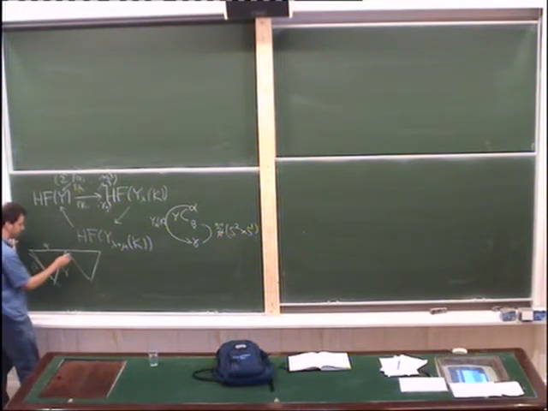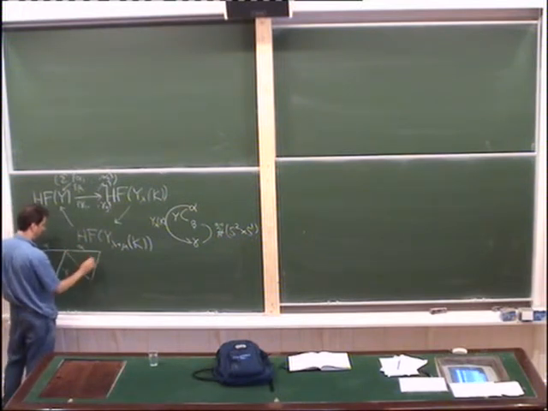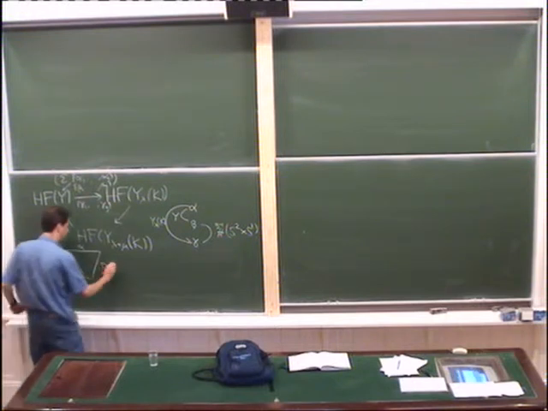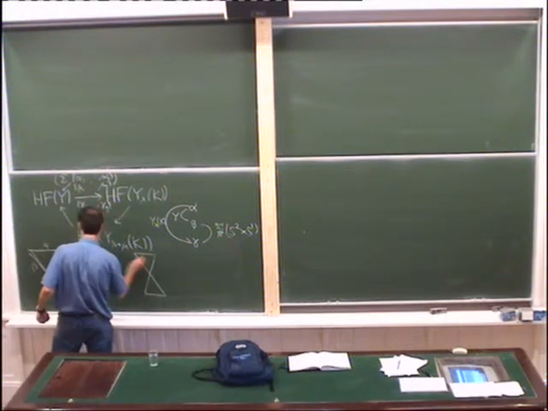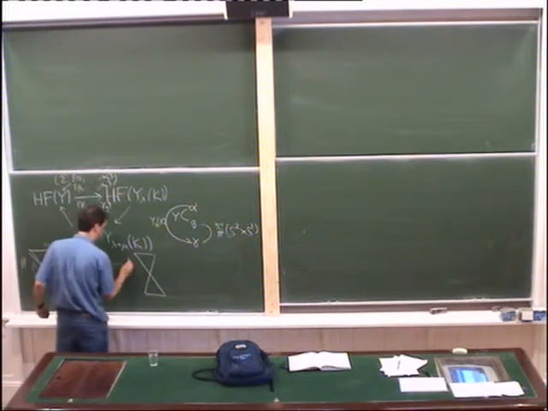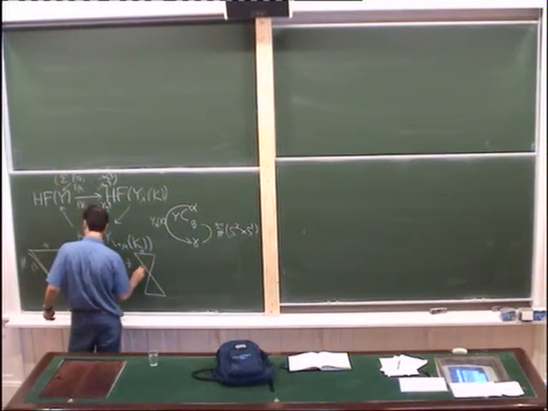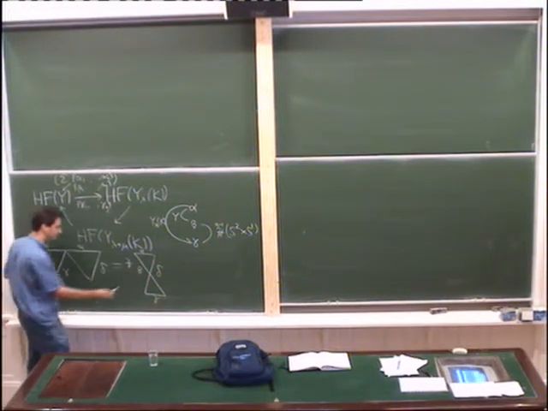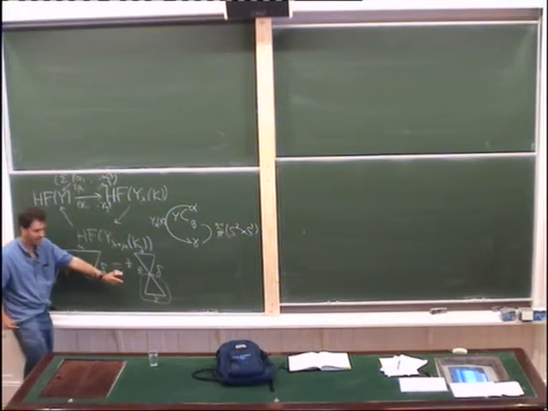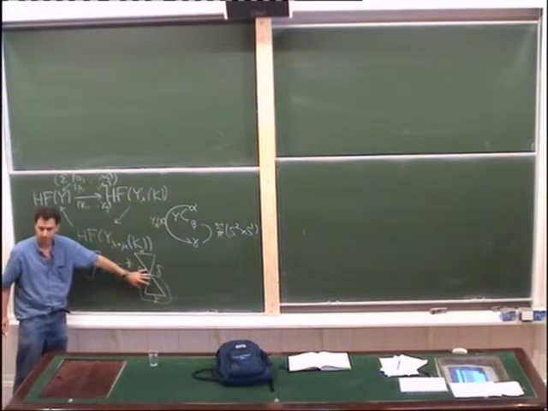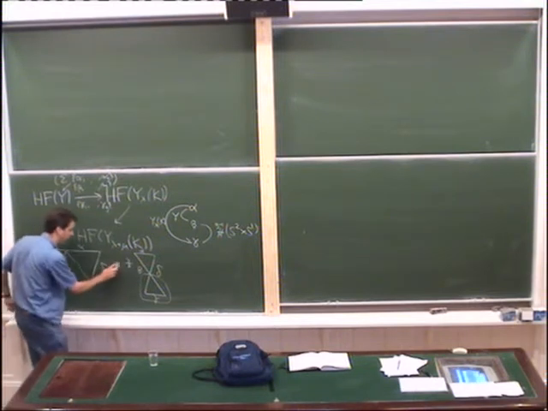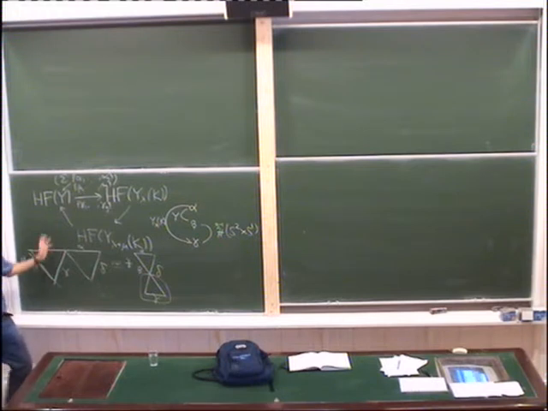We juxtapose those with triangles that satisfy alpha, gamma, delta boundary conditions, and show that the count of these is the same as the index 0 count of these kinds of triangles. And then we saw that these triangles canceled in pairs. Therefore, this count was 0, and therefore this count was 0 as well. And so this is not equal but homologous. Okay?